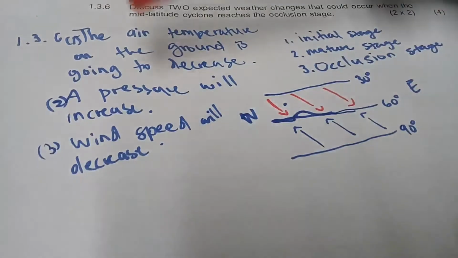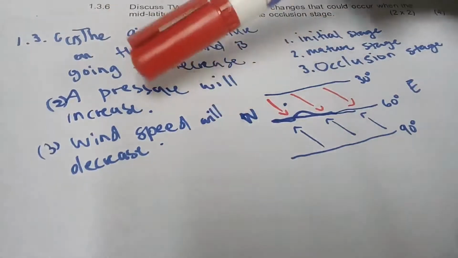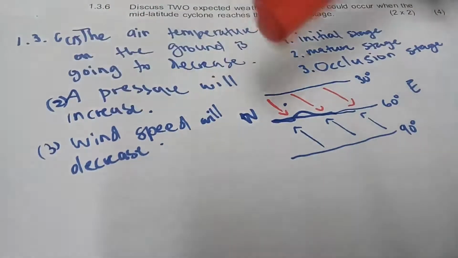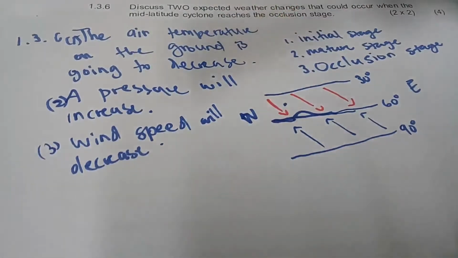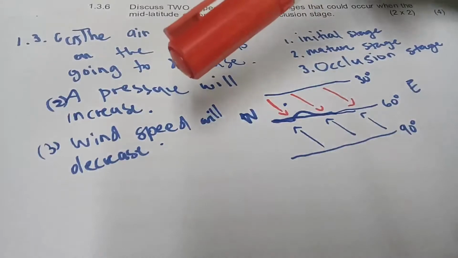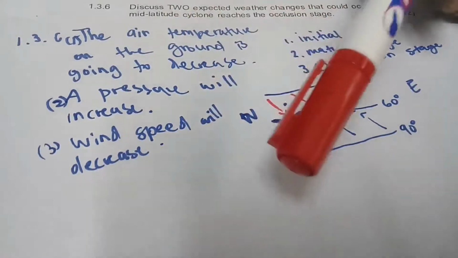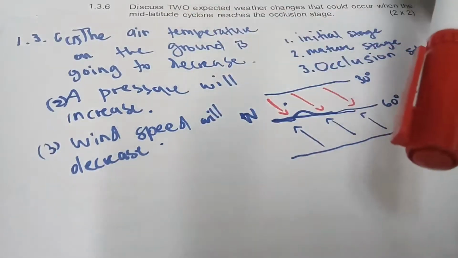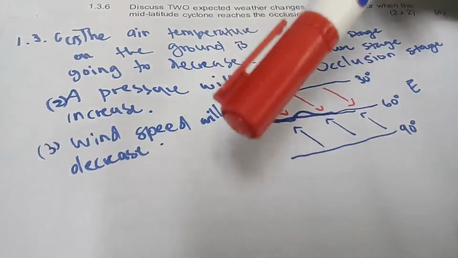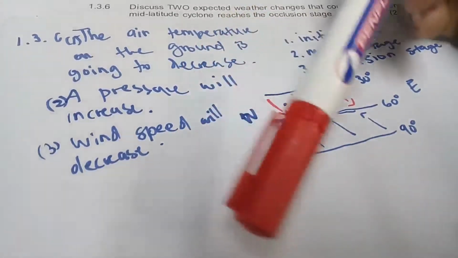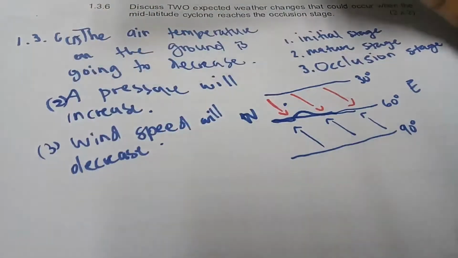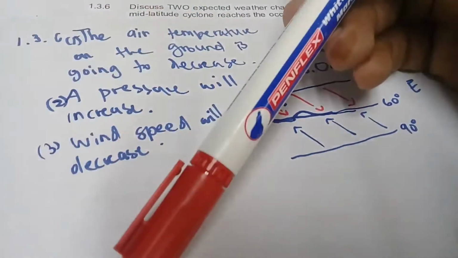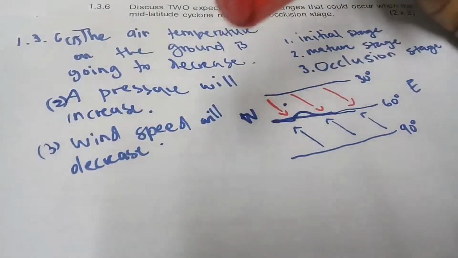So pressure will increase, meaning that a high pressure weather condition will result in occlusion. Why? A mid-latitude cyclone is a low pressure system. So when it becomes weaker, high pressure is going to result. That's the second one.